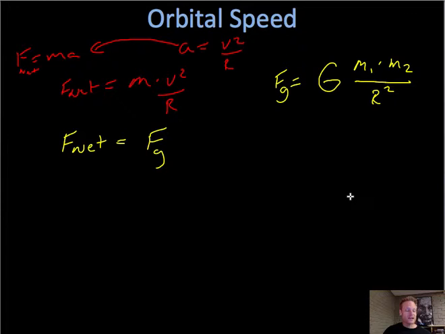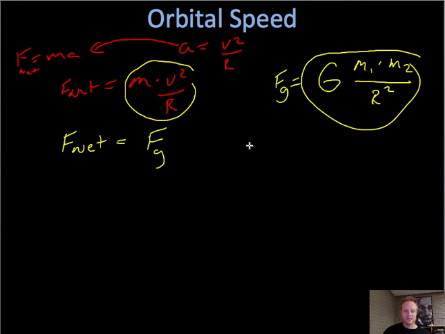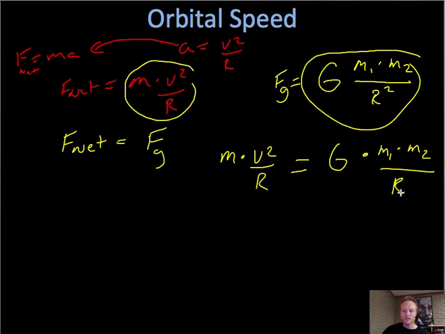So I could set these two equations equal to each other. If I did that, I would have m times v squared over r equal to big G times m1 times m2 all over r squared.